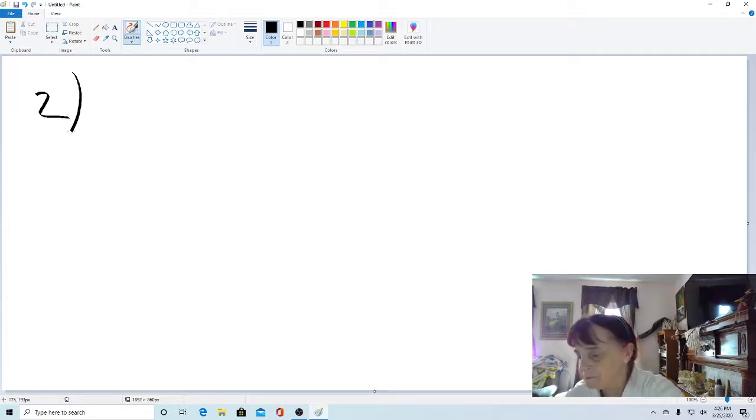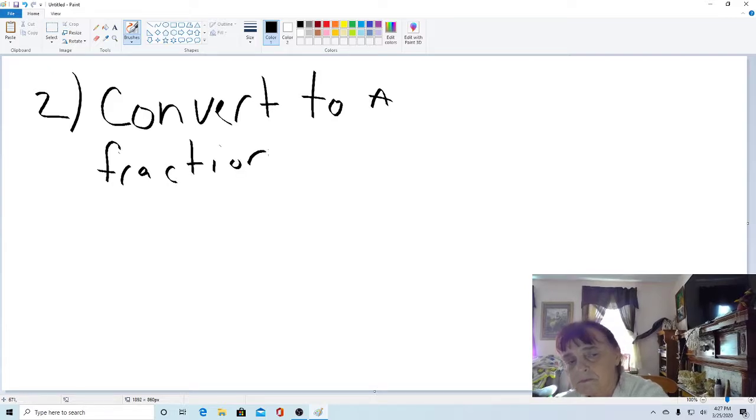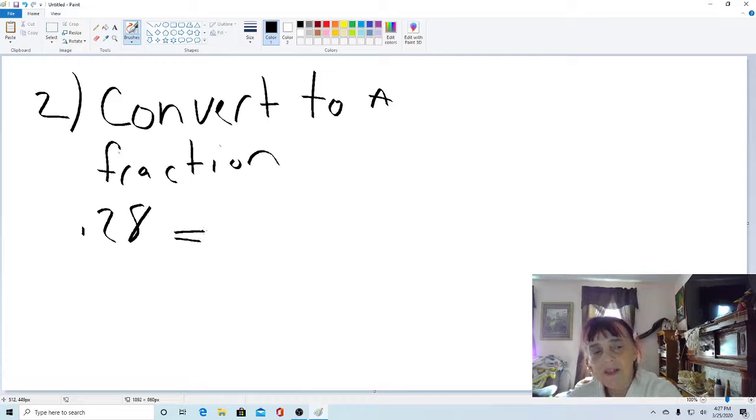Number 2. How do you convert this to a fraction? You have 0.28. Okay, one place to the right of the decimal is tenths place, two places is hundredths. So this is 28 over 100.